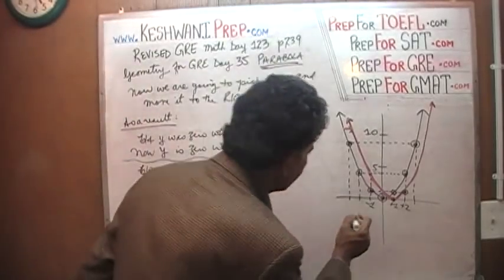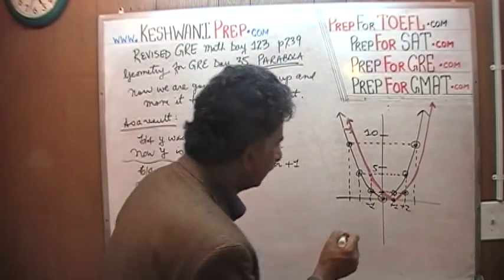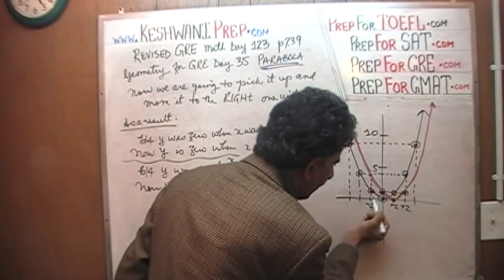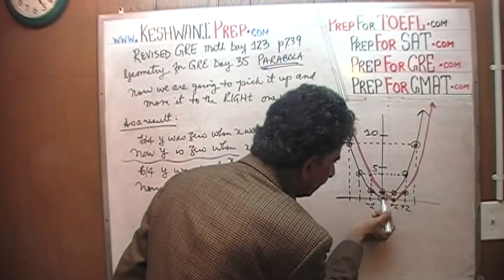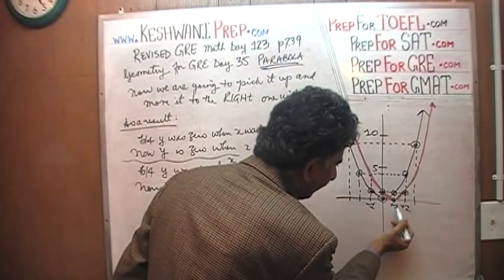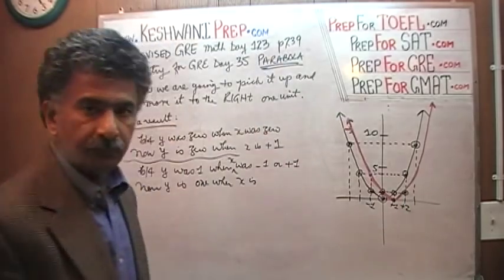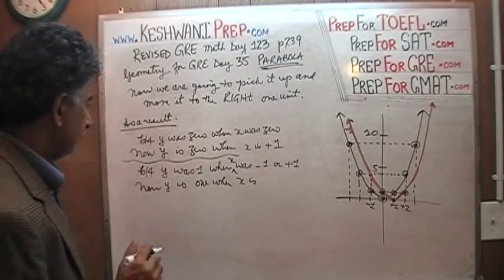Or when x is 0, right here. When x is 0, y is 1. You see? Instead of this point, we are at this point. Before, y was 1 when x was negative 1. Now y is 1 when x is 0. Before, y was 1 when x was 1. Now y is 1 when x is 2. You see, there is an increase of 1 unit because we shifted it 1 unit to the right.